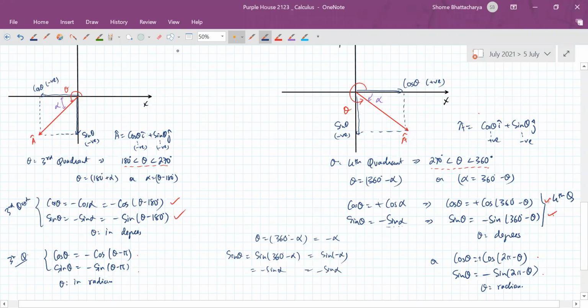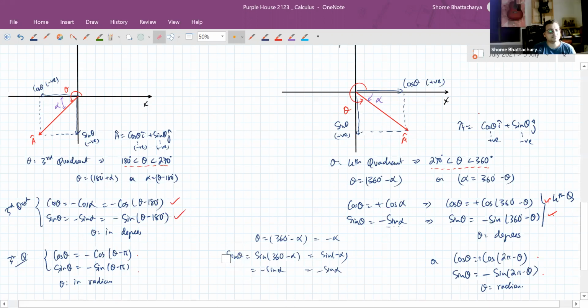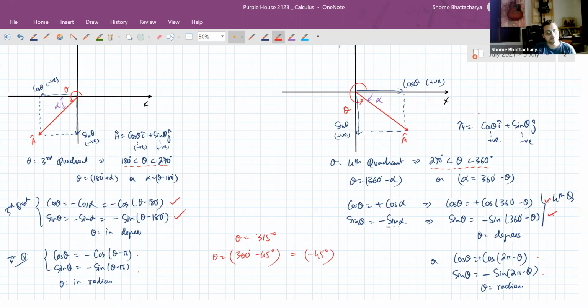Okay, sir. So understand this with a practical example. Suppose I take my theta as 315 degrees. I can express theta as 360 minus 45 degrees. And trigonometrically, 360 is equivalent to 0, so that's the same thing as minus 45 degrees. Got it? Yes, sir.